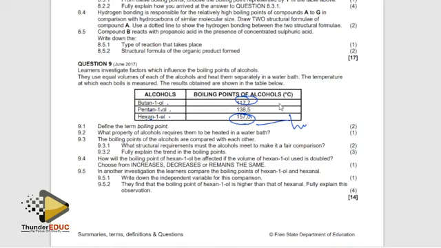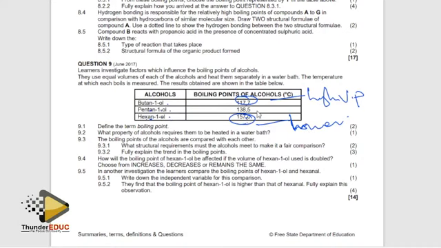This one is going to have a higher vapor pressure, while this one is going to have a lower vapor pressure. Why? Because the higher the boiling point, the lower the vapor pressure.